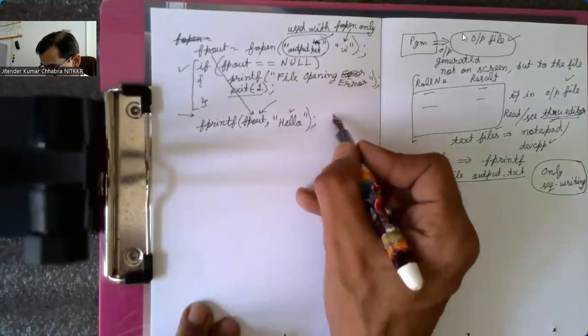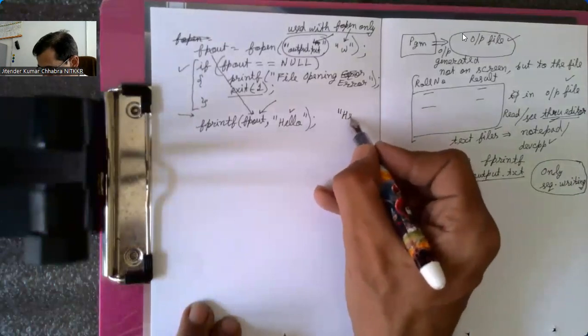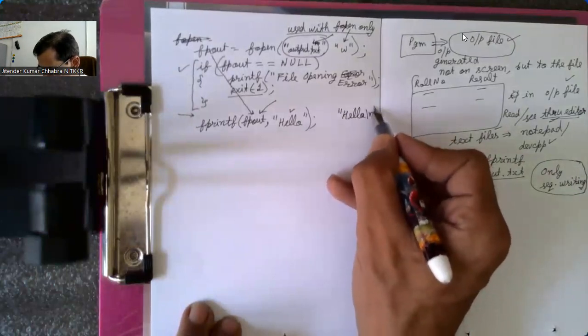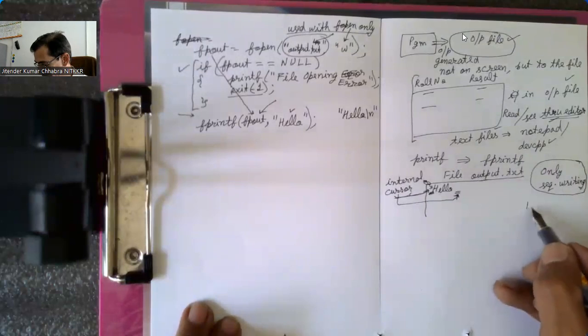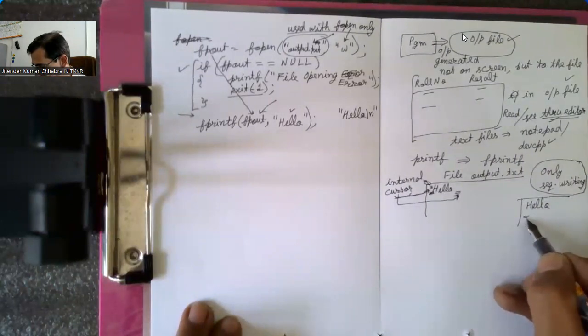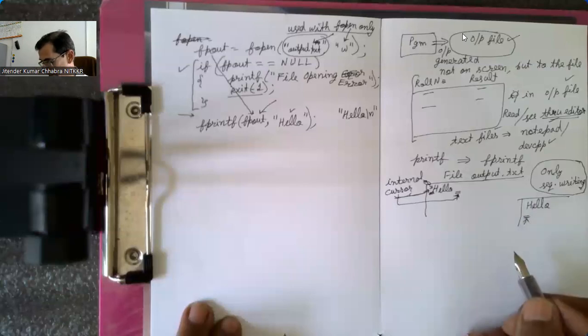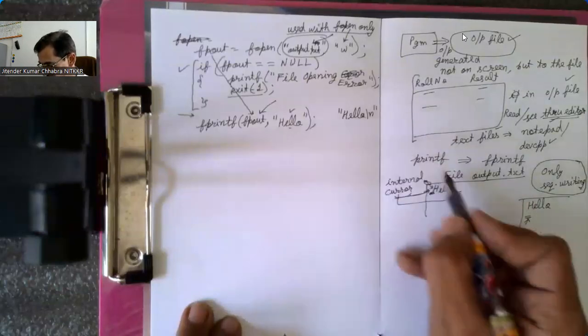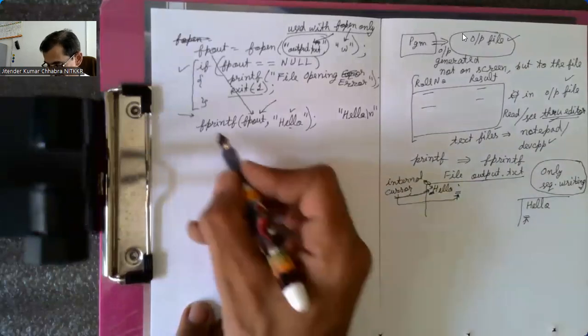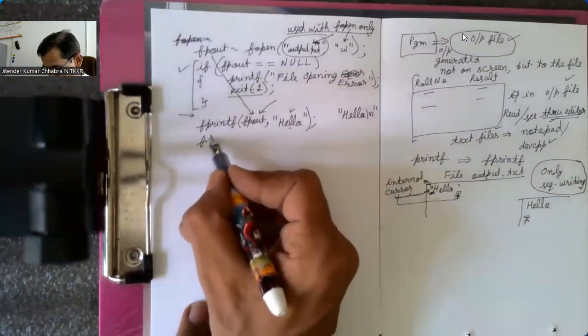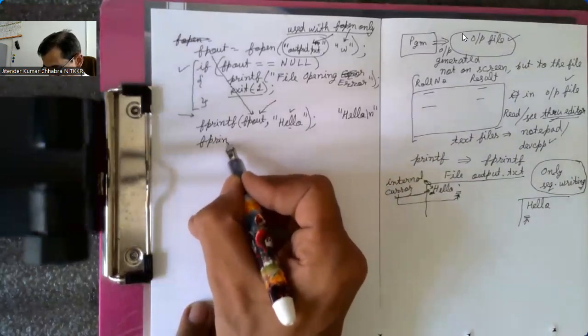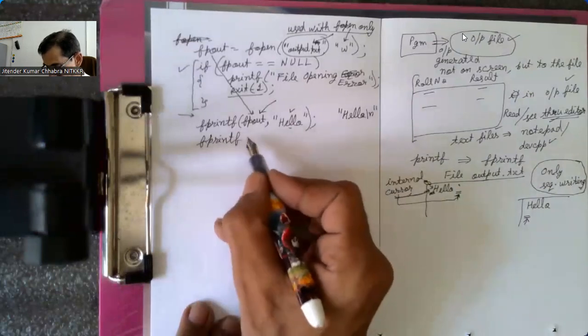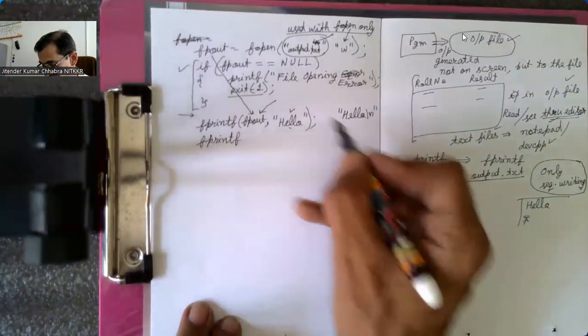For example, instead of this, had you written hello\n, it will mean after writing hello in the file, the cursor will come to the next line. But if you have written only hello, the cursor is here. Say after this you write another fprintf statement. Say you want to write, let's say, a and b values.